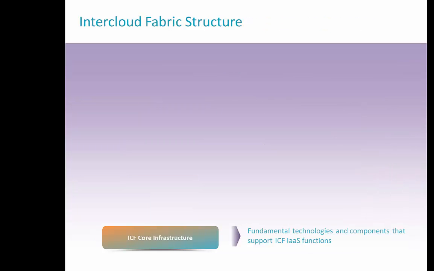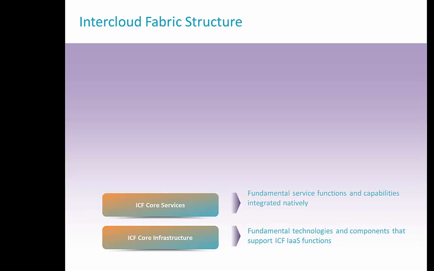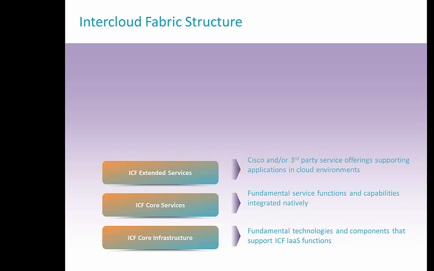Now, what does the structure look like? You have your ICF core infrastructure, the fundamental technologies and components for ICF infrastructure service functions, and then the core services. These are integrated, and on top of that, you can have extended services from Cisco or third parties. The product is still at an initial stage, but we're expecting a lot of other Cisco and third-party partners to integrate their products into the ICF.